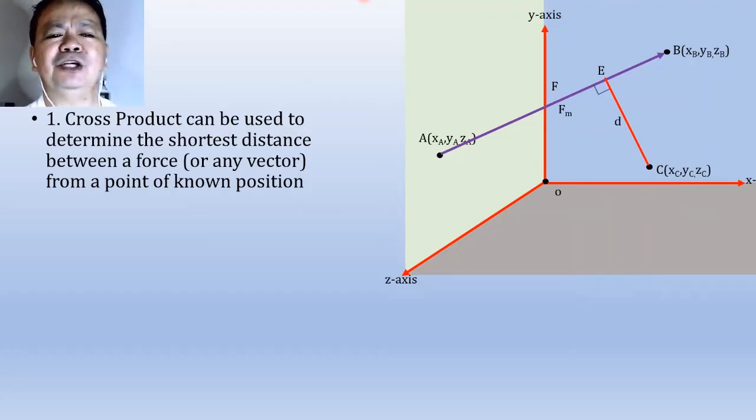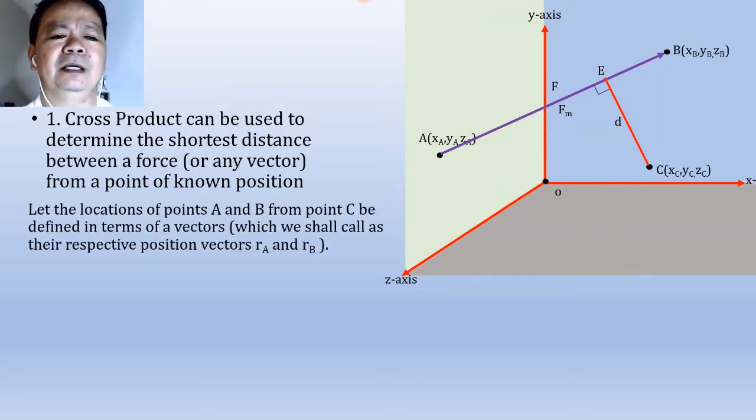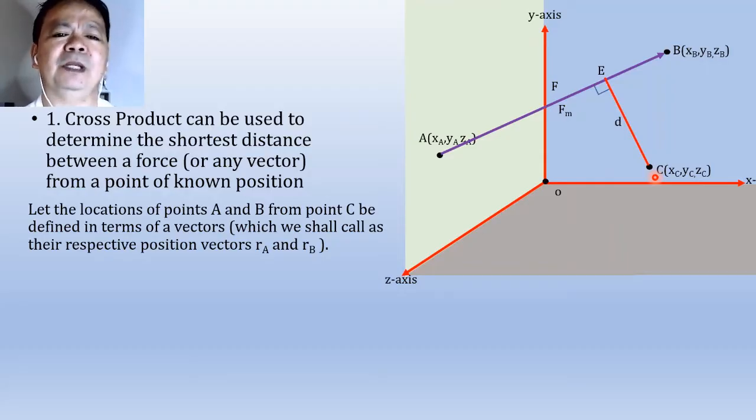Now let us imagine that points A and B are located from point C, such that the positions of point A and point B are established with reference to point C. Let us define those vectors as the position vectors RA and RB respectively.